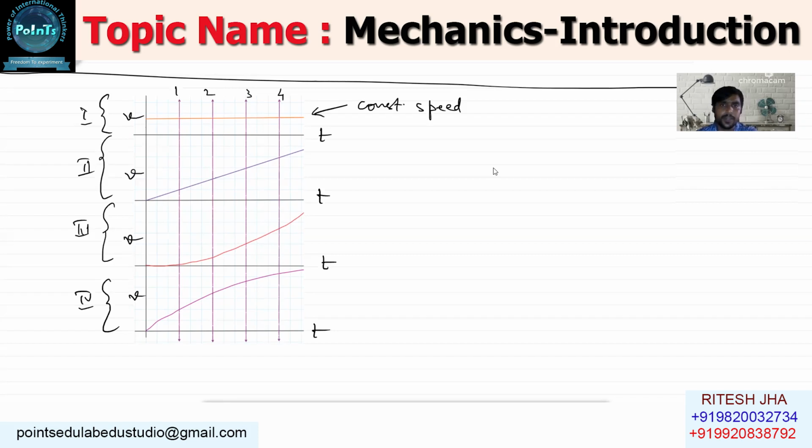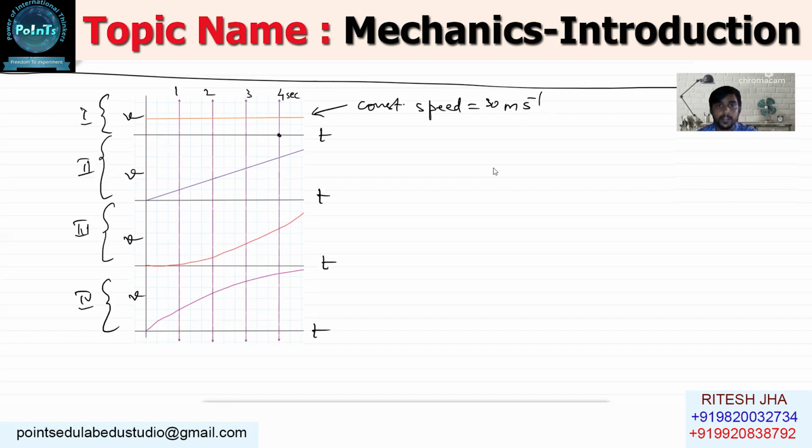Let's say constant speed is 30 meter per second. So in 4 seconds, what distance will it be covering? 120 meters.